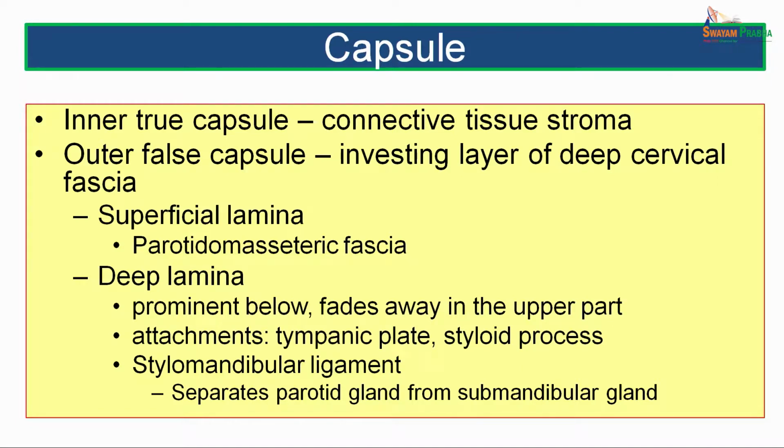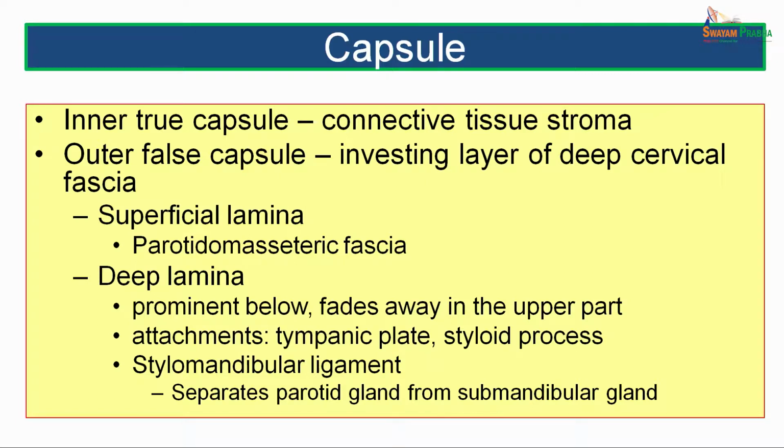This external capsule or outer false capsule shows a superficial lamina and a deep lamina. The superficial lamina is thin and covers the superficial surface of the gland and is also known as the parotidomasseteric fascia.